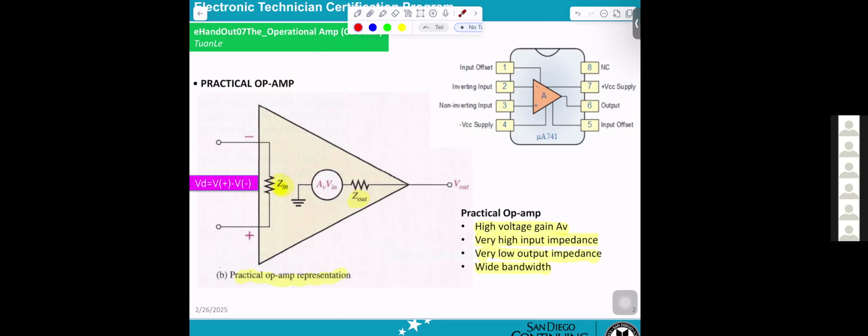You can see the same thing. A practical op amp has high voltage gain, very high input impedance, very low output impedance, and they want a wide bandwidth. That means the bandwidth will be wider.